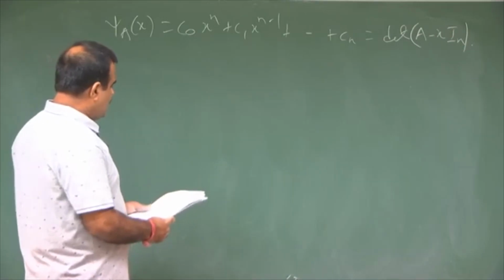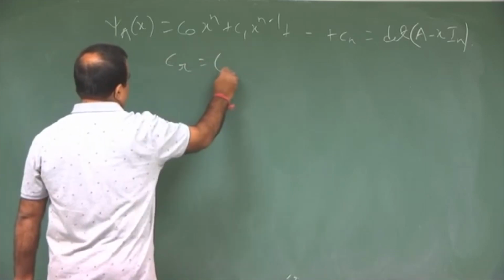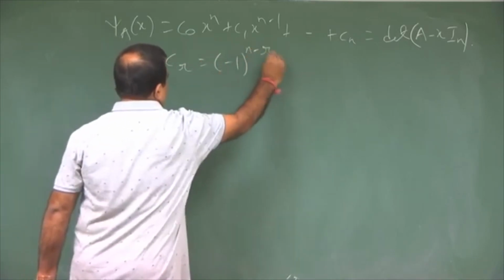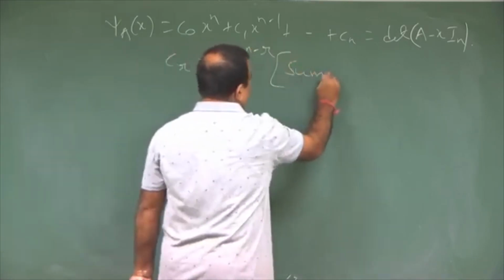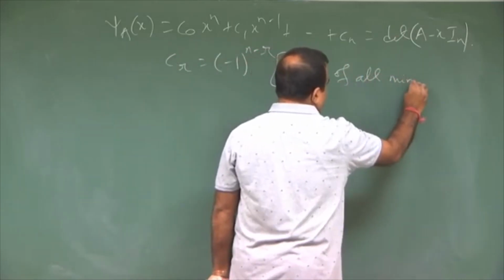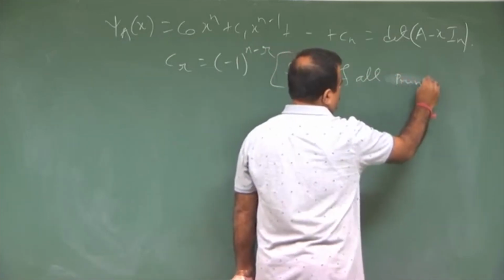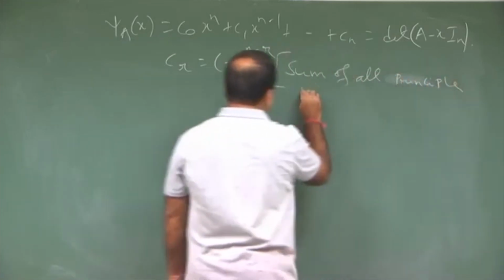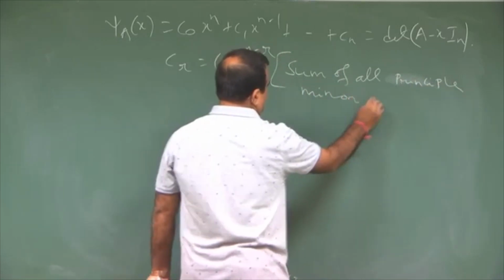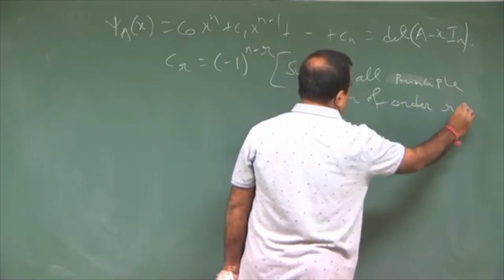And what is C r? C r we know is minus 1 to the power n minus r times the sum of all principal minors of order r.